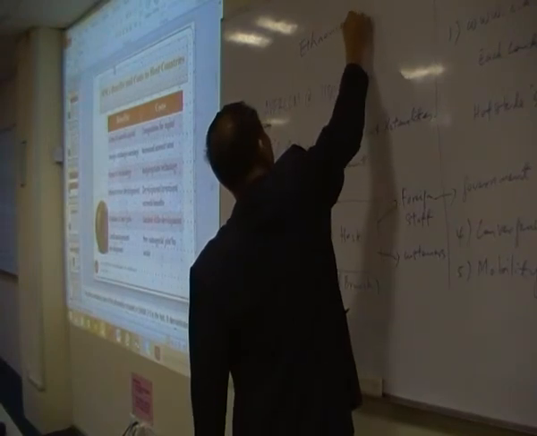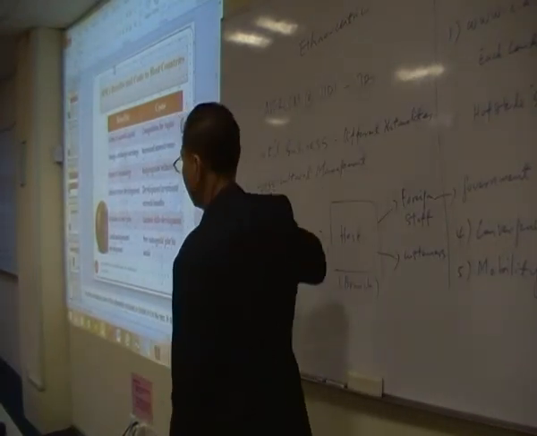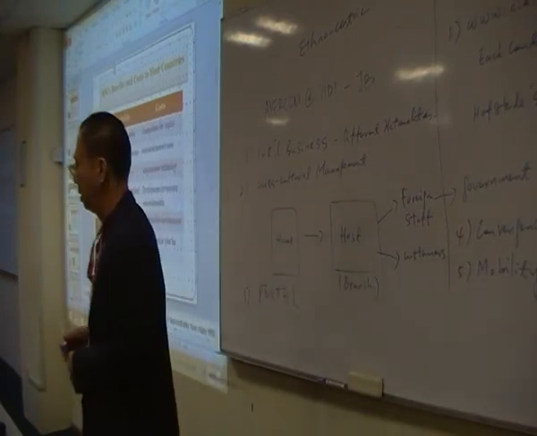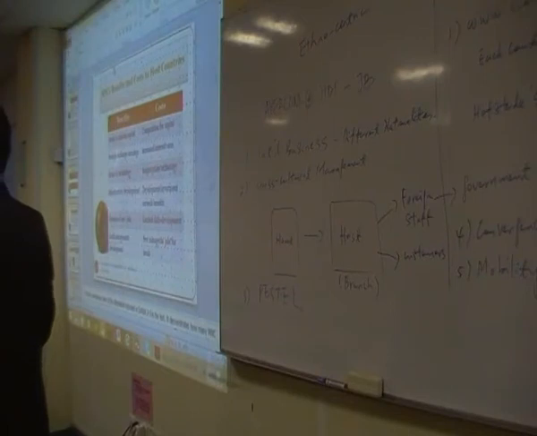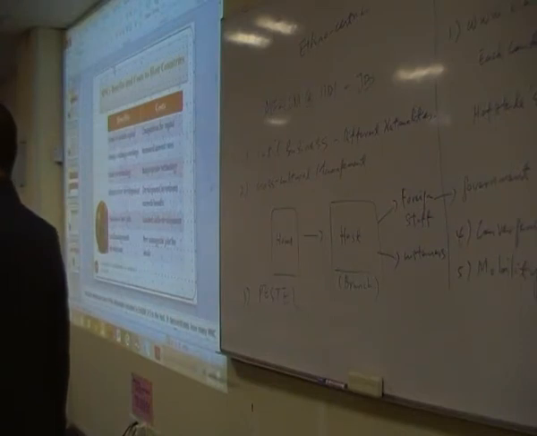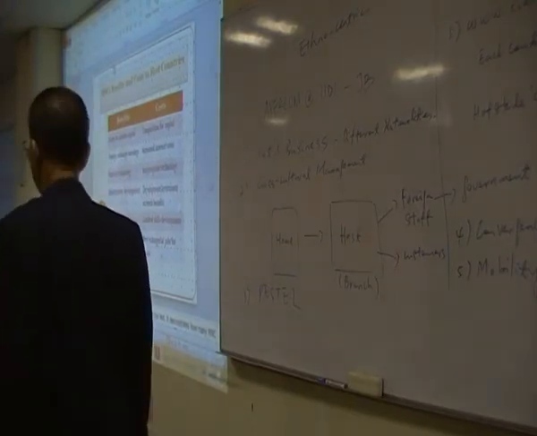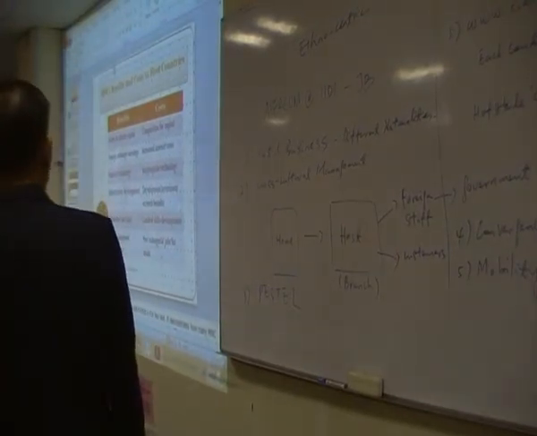Then we call this ethnocentric. Ethnocentric means you appoint a countryman from your own country to represent your organization abroad. The number one person must come from your own country because of the trust.